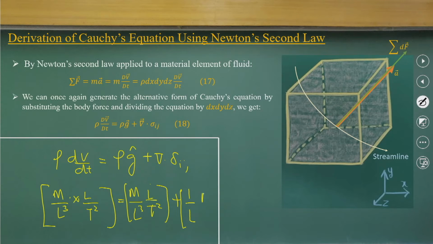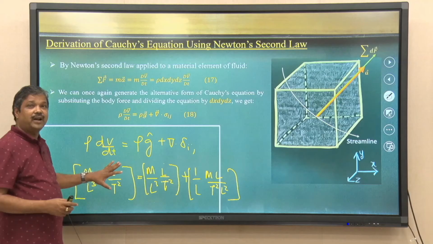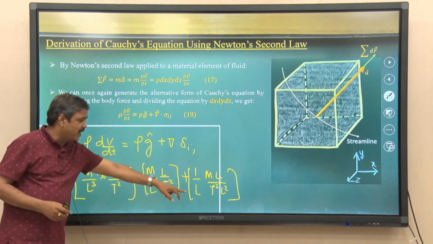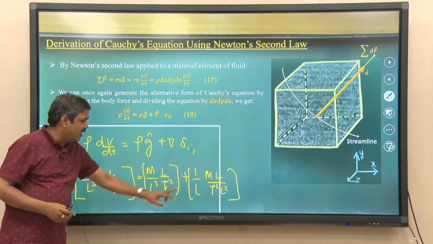So, force is m L by t squared, unit area is L squared. So, just put in the dimensions. Once you put in the dimensions, you can understand every part.